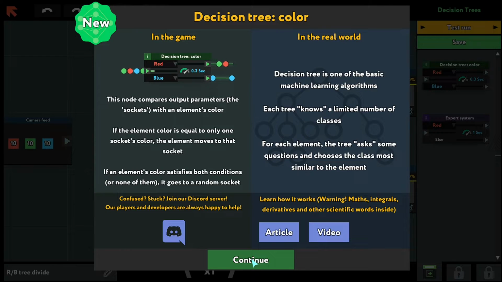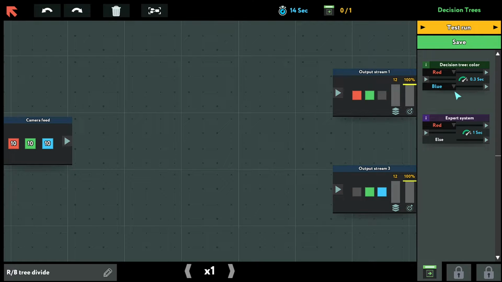So we can't have if red then else, or if red go here else go here. This is if red go here, if blue go here, if not red or blue, then go to one or both or some. Just pick randomly. Okay, this makes kind of sense.